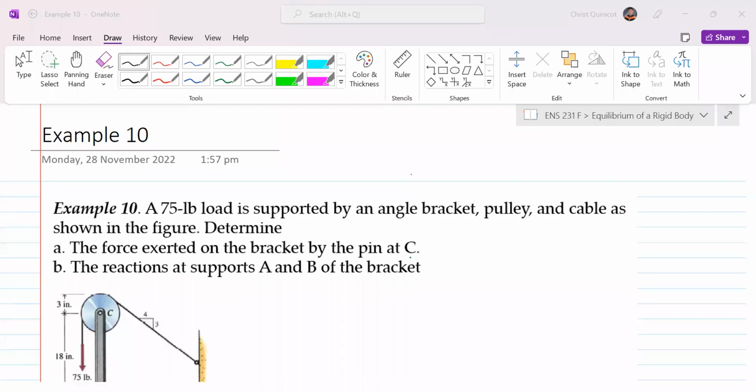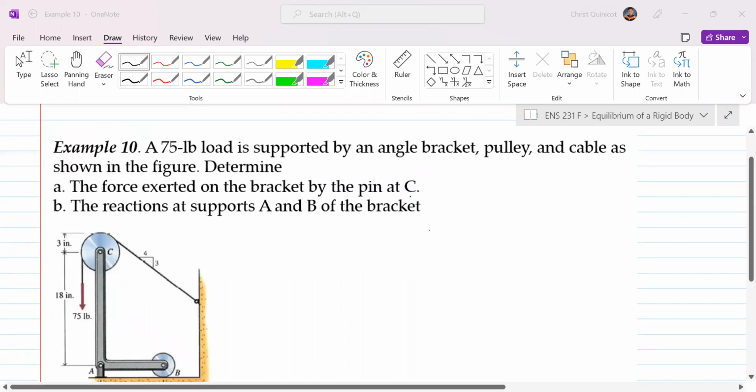Example 10. A 75-pound load is supported by an angle bracket, pulley, and cable as shown in the figure. Determine A, the force exerted on the bracket by the pin at C, and the reactions at supports A and B of the bracket.